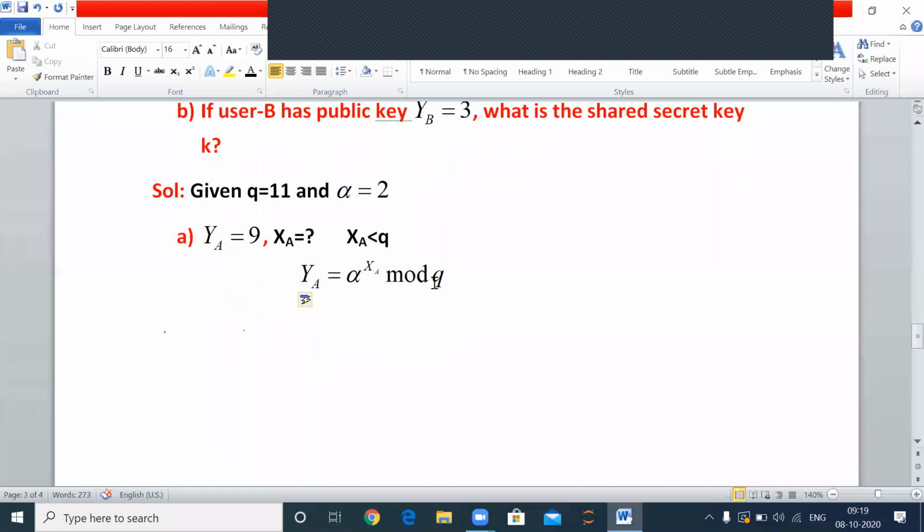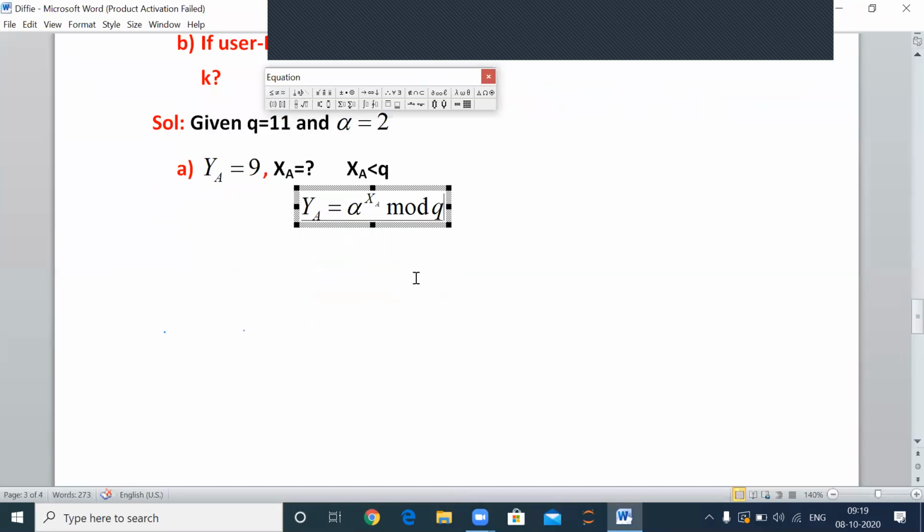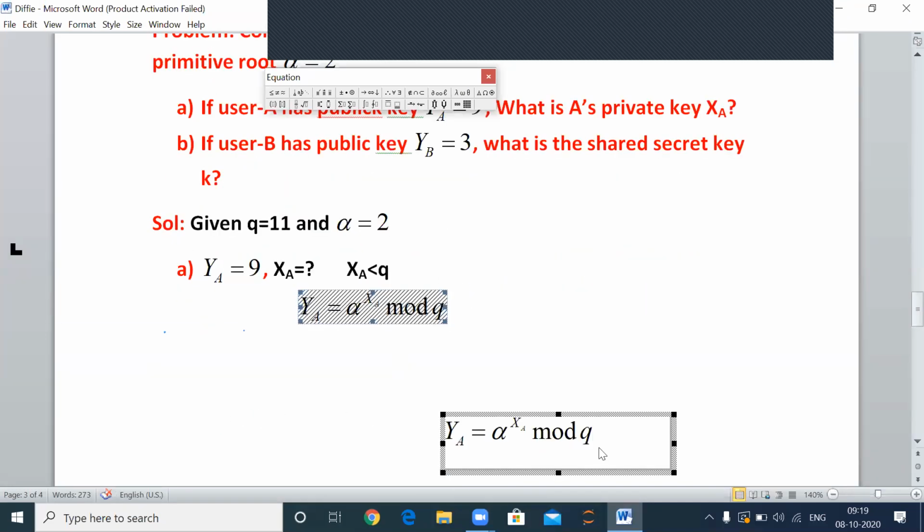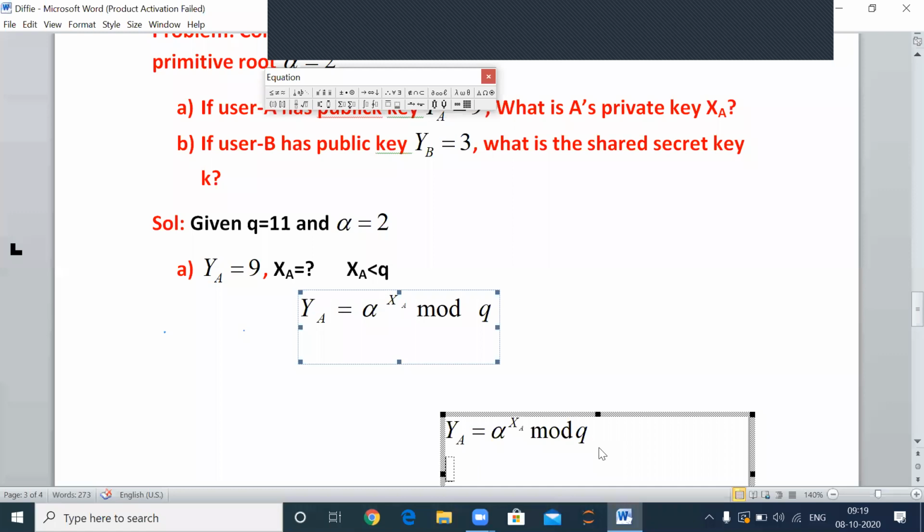What is the user A public key? In the problem it is given as 9. That is, 9 equals the primitive root alpha, which is 2, power the private key.